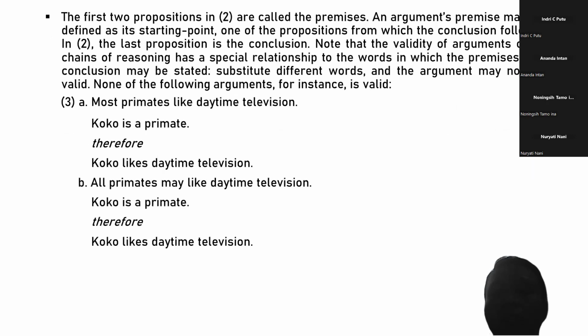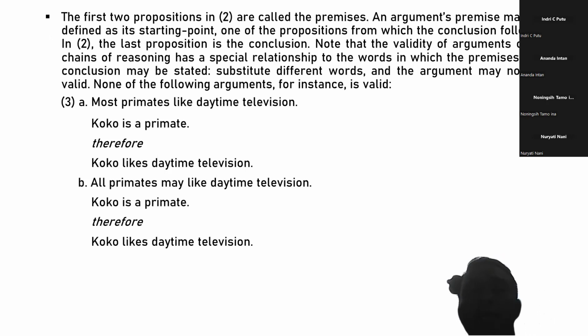Next, the first two propositions in 2 are called the premises. An argument's premise may be defined as its starting point, one of the propositions from which the conclusion follows. In 2, the last proposition is the conclusion.